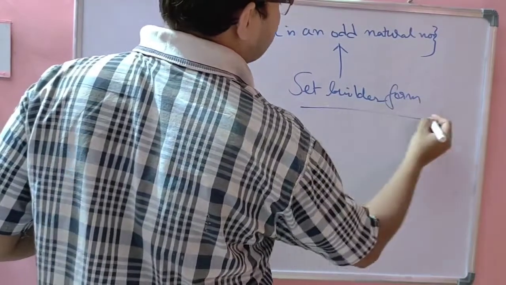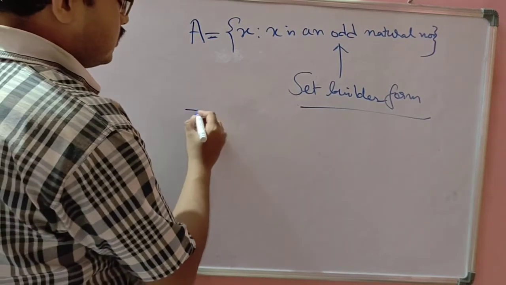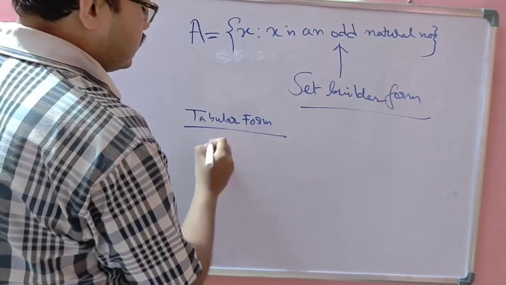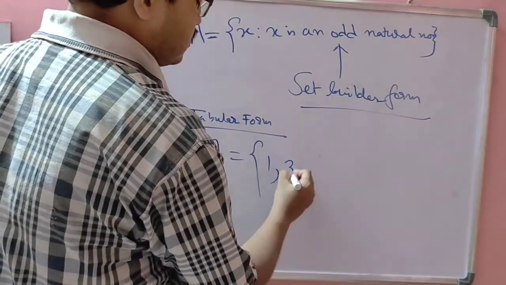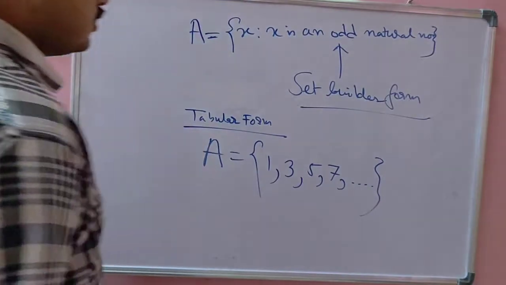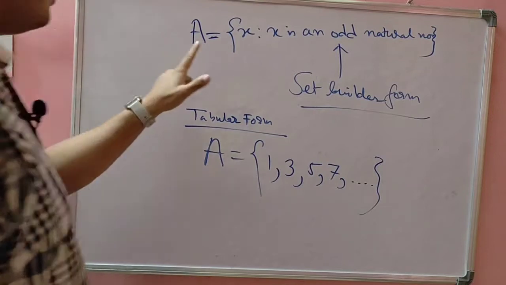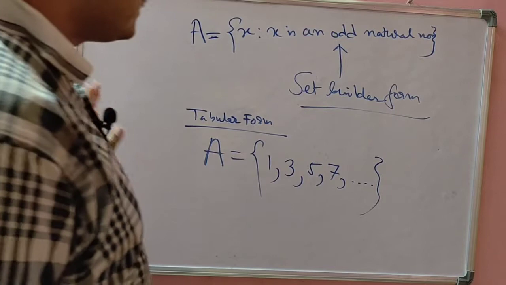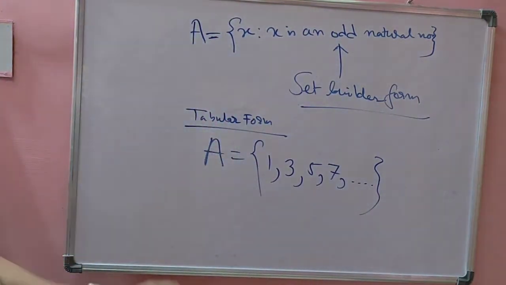How will we write this in tabular or roster form? We write A equals 1, 3, 5, 7, and these go on. This is how we represent the odd natural numbers. This is an infinite set. This is set builder form, this is tabular form. I hope you understand how to build a set like this.